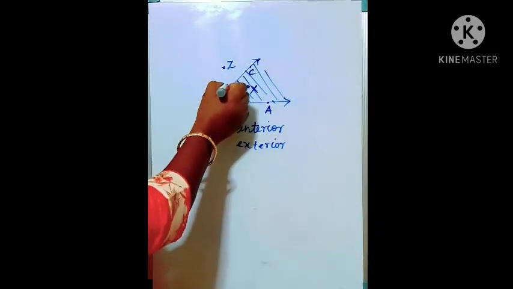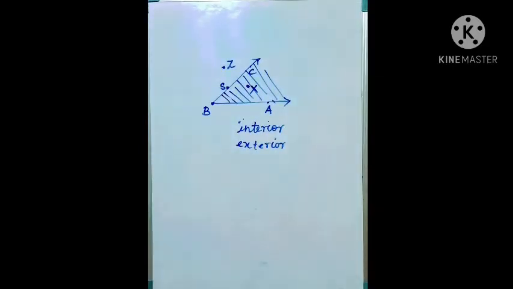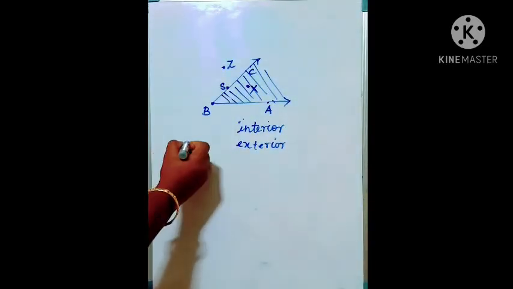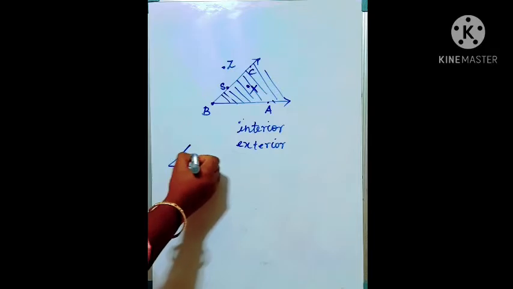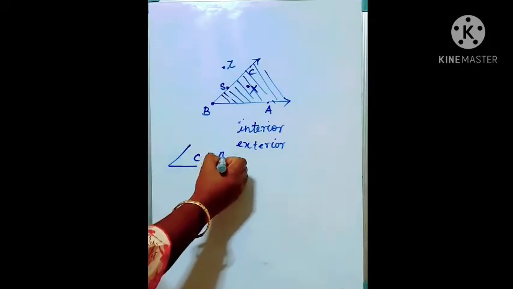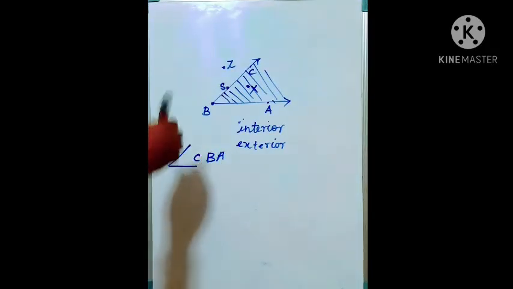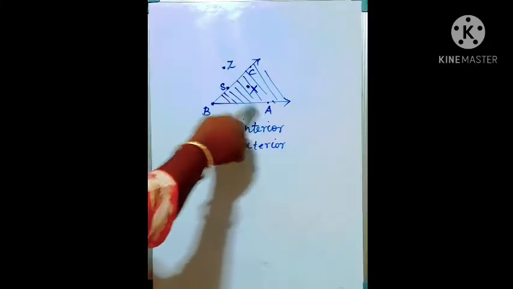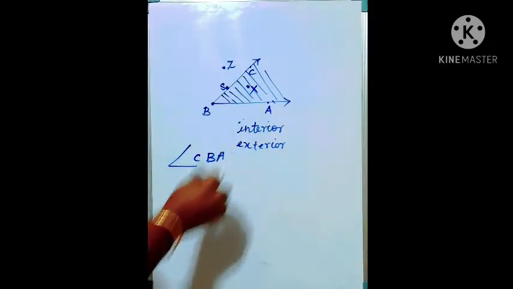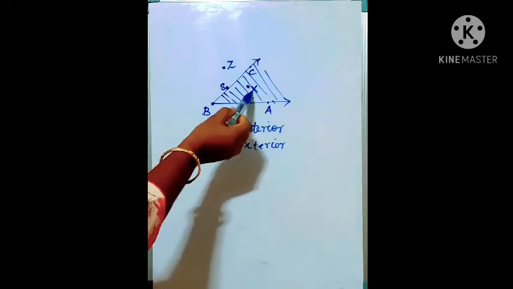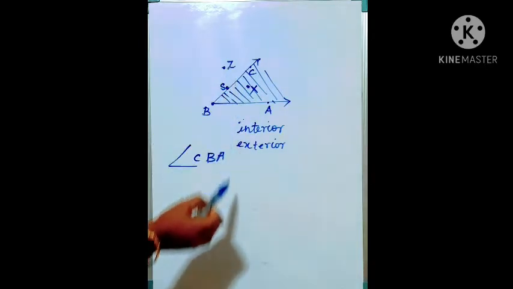What about S? S is on the angle CBA. Is it clear? It is on the angle. Understand? Again I repeat. X is interior. Z is exterior.